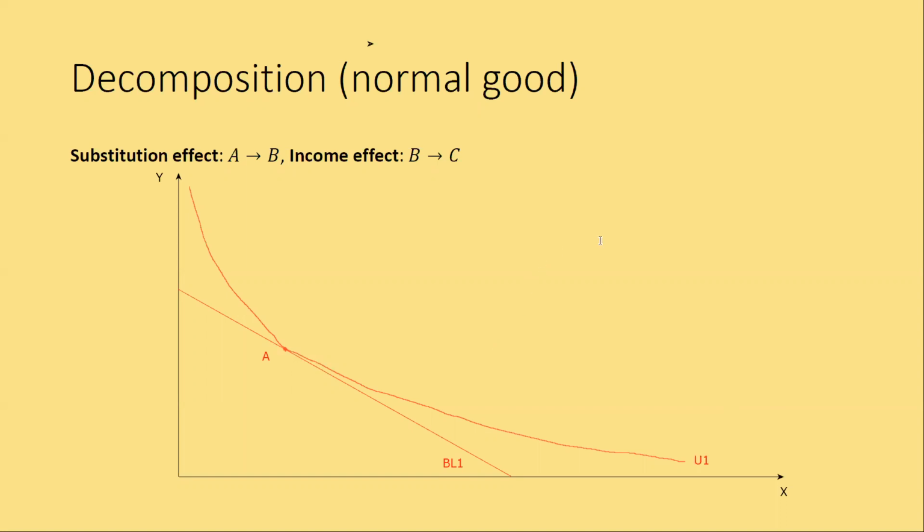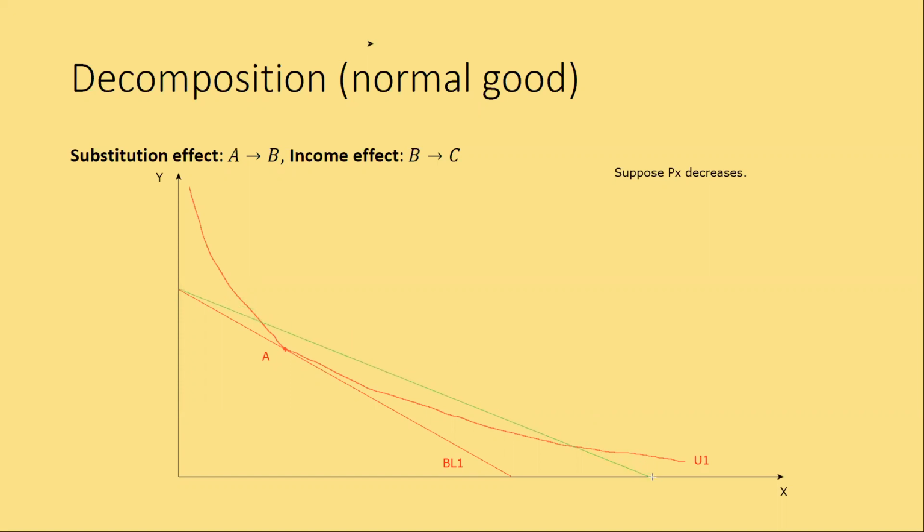So now let's suppose the price of good X decreases. Now as Px becomes smaller, the new budget line will have the same y-intercept because Py did not change.